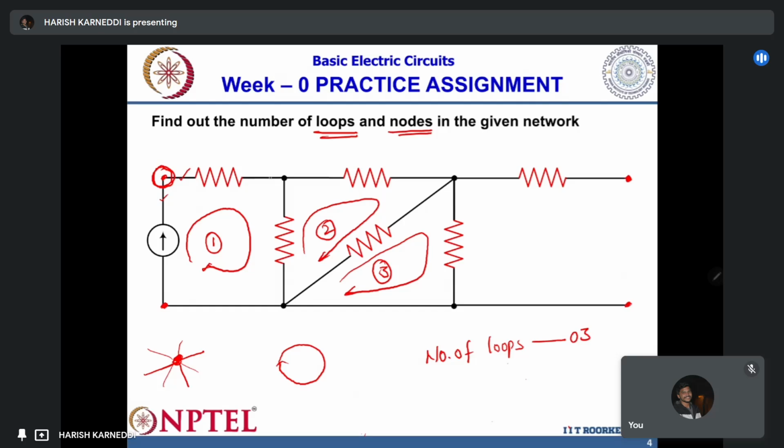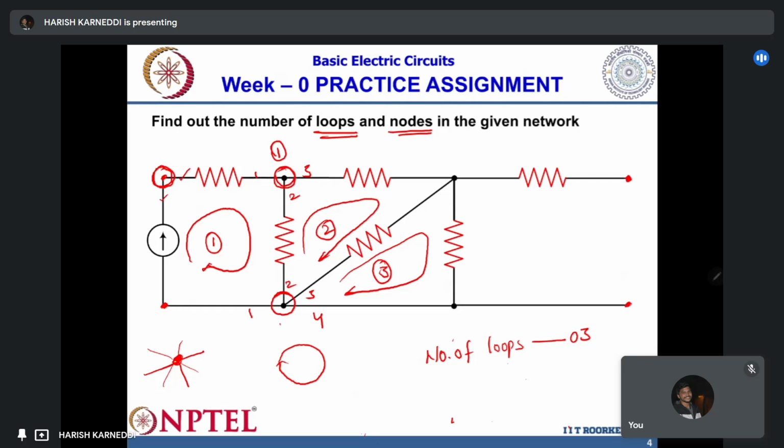And here you can observe this point. Here how many? 1, 2, 3. Therefore, it's a node. Similarly, at this point 1, 2, 3, 4.